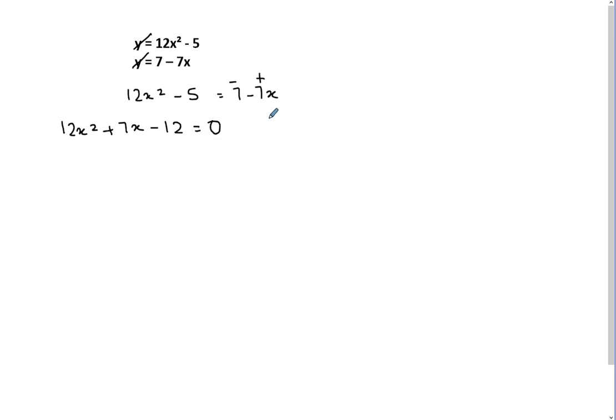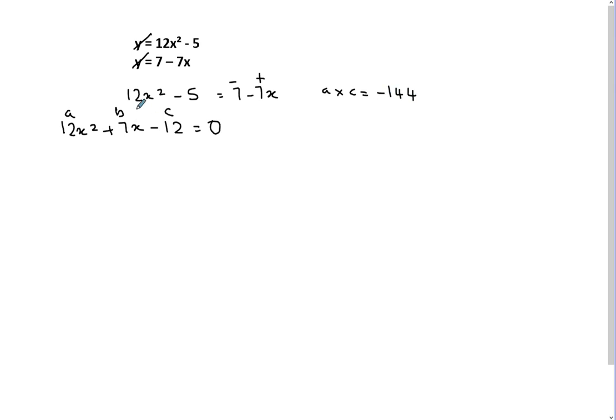So I hope you've watched my video on factorizing with more than 1x squared. So this time we're going to use the AC method. So that's your A, that's your B, and that's your C. And we're going A times C, which is minus 144. Remember to always pick the sign up.